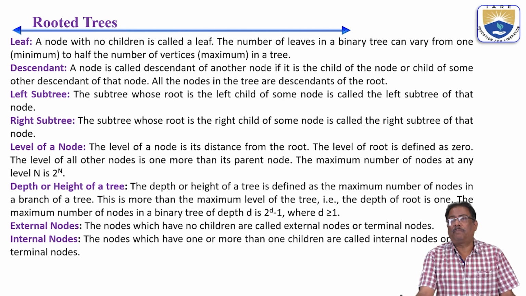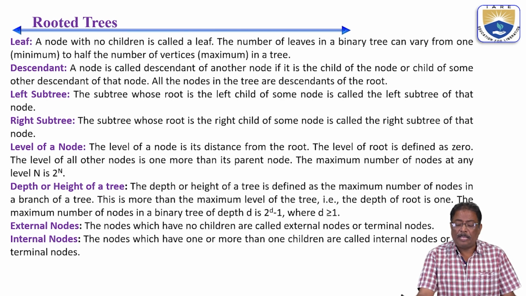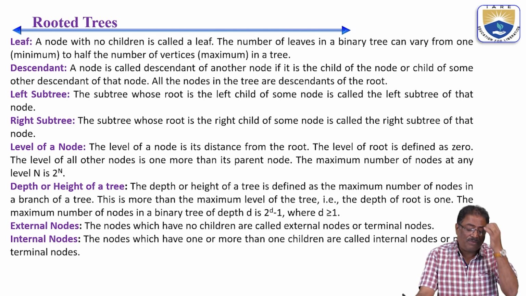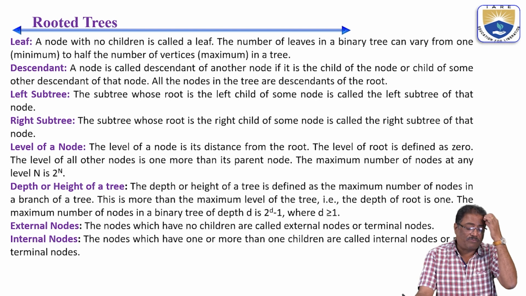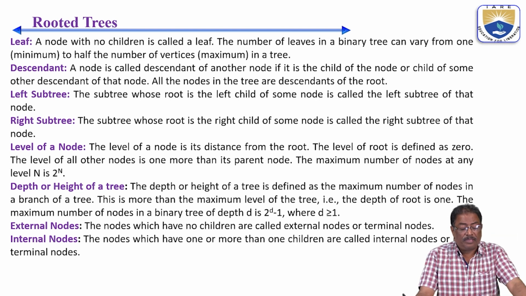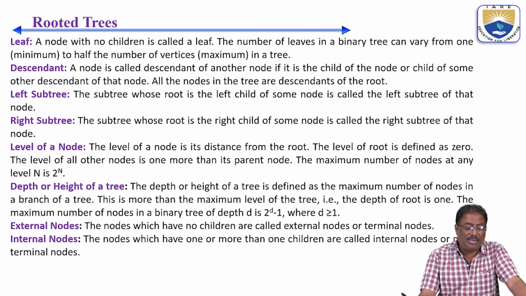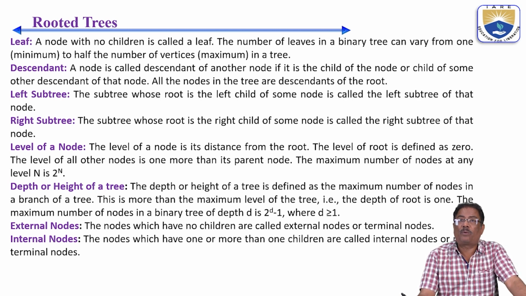The maximum number of nodes at any level n is 2 to the power of n.